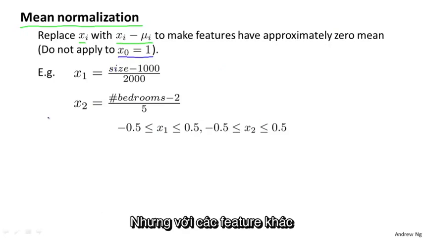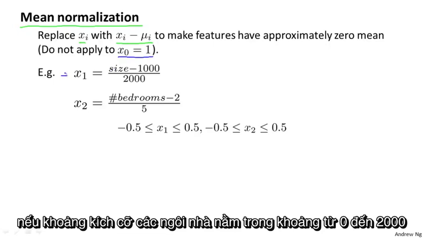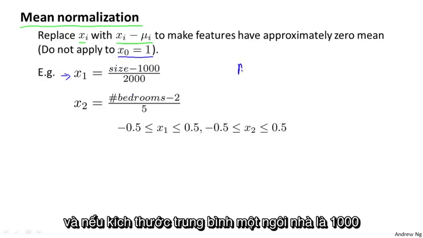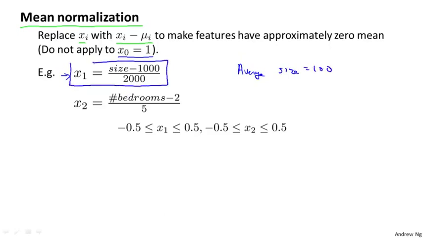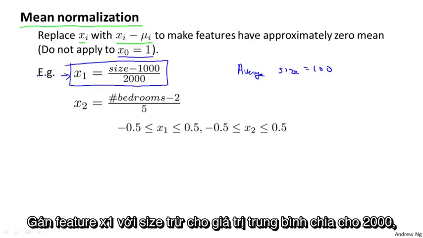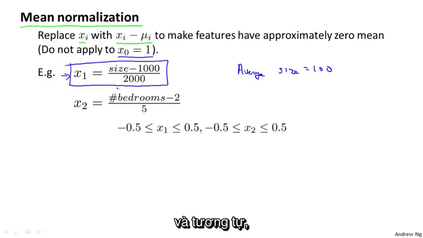But concretely, for other features, if the range of sizes of a house takes on values between 0 to 2000, and if the average size of a house is equal to 1000, then you might use this formula, set the feature x1 to be the size minus the average value, divided by 2000.